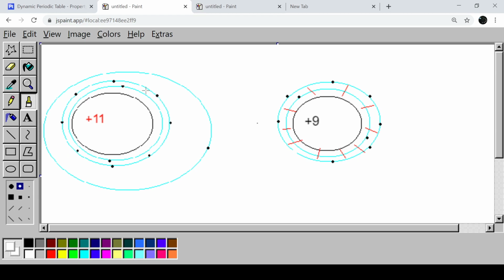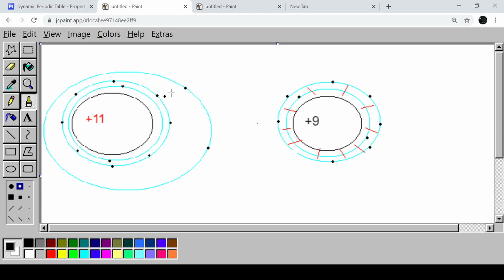So between this one and this one now, which one of these is more likely to grab onto an electron? Which one, if you add an electron to it, will hold onto it better than the other one? So if we add an electron to this one right here, let's go ahead and put it right here.